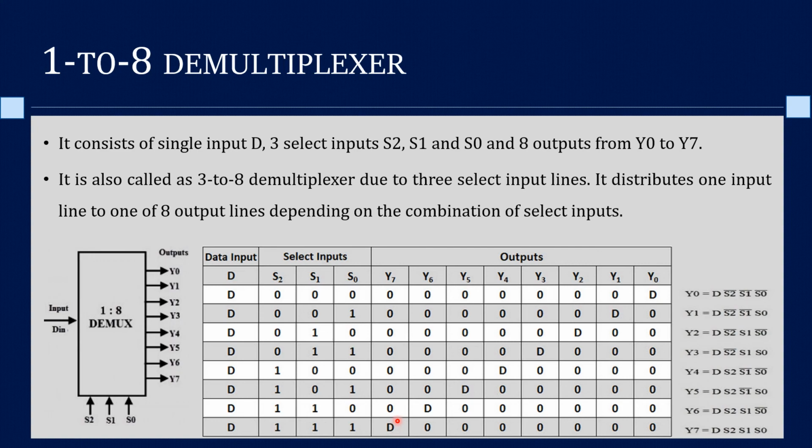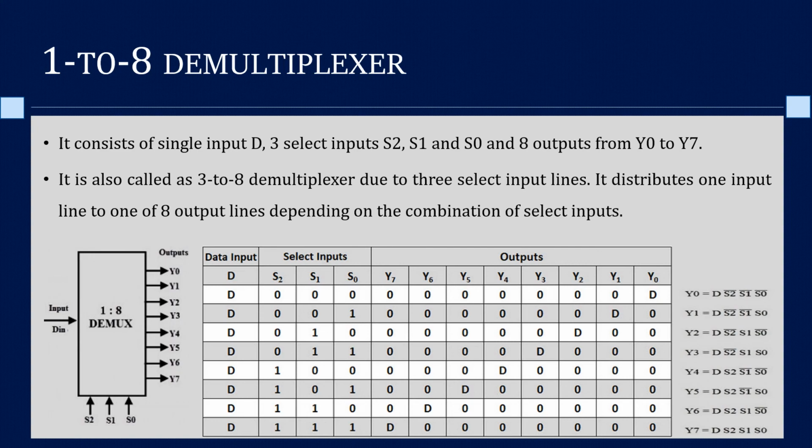Let's find out the Boolean expression for each and every output line. Y0 is equal to D into S0 complement into S1 complement into S2 complement. Similarly, Y4 is equal to D into S0 complement into S1 complement into S2. Similarly, we can form the Boolean expressions for all the 8 output lines.